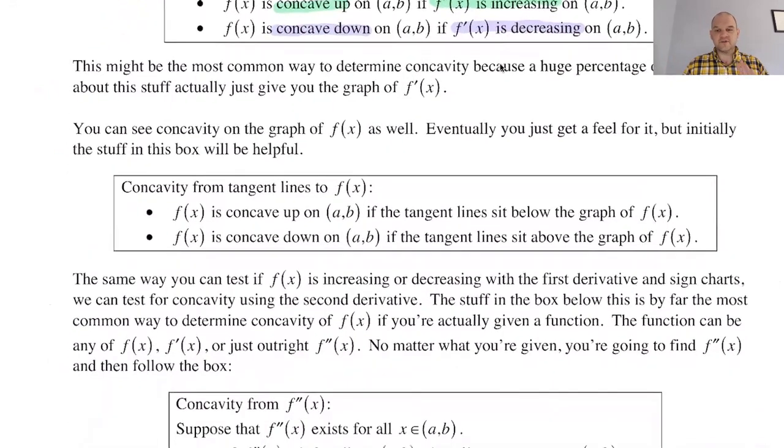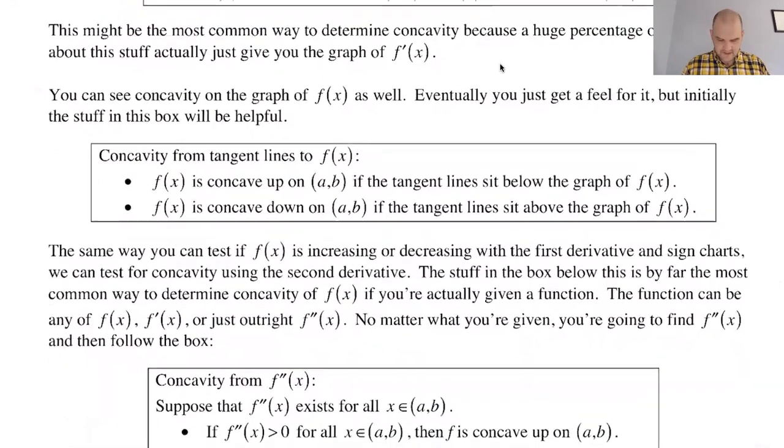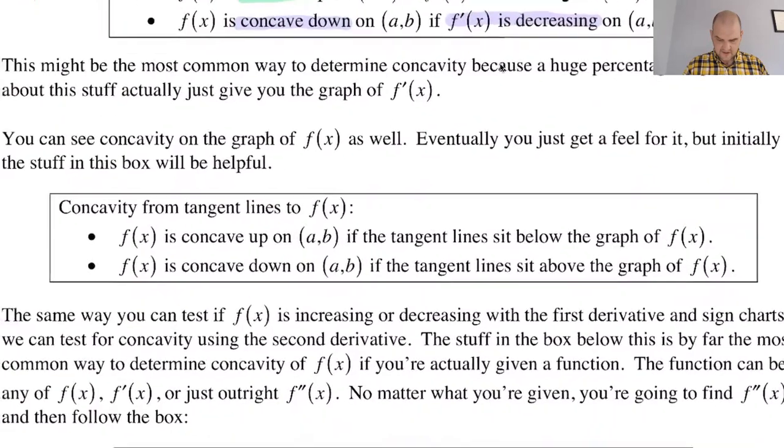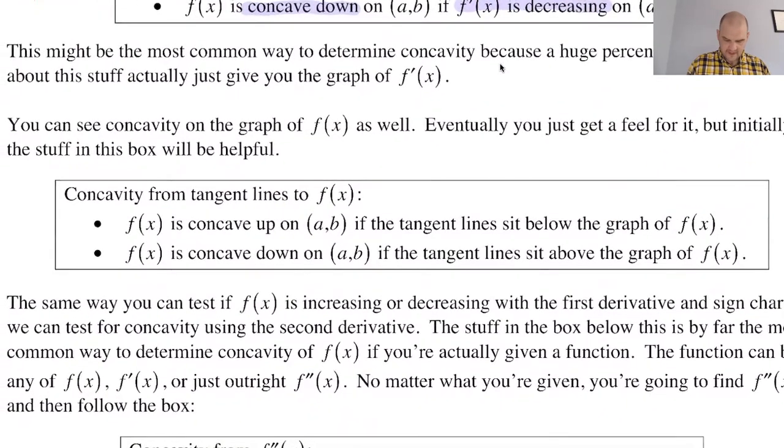We already know, because we've talked about it a lot, that if a function is concave up and you draw some tangent lines on it, then the tangent lines are definitely below the graph. That one feels counterintuitive until you just let your brain accept it. So x squared is probably the most famous concave up curve.